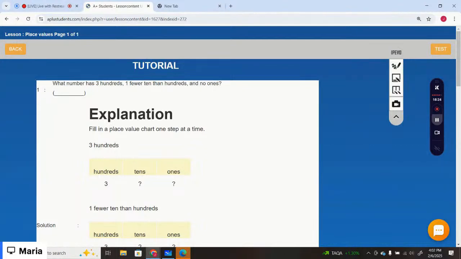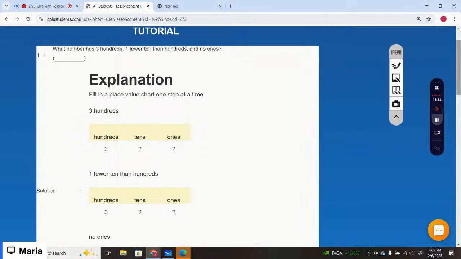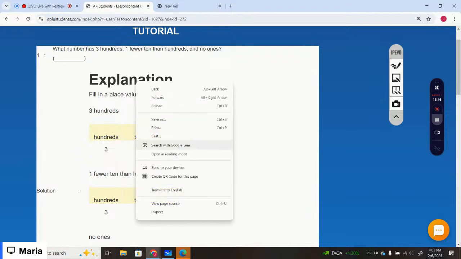Which number has three hundreds, one fewer than hundreds, and no ones? So you are given 300. That means the hundreds digit is 3. Now one fewer than 3 means 2, so 2 is the digit at the tens position.